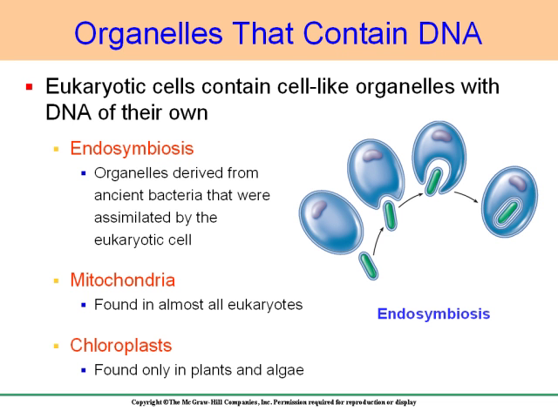Mitochondria are found in almost all eukaryotes, and chloroplasts are found specifically in plants and algae. It's in the mitochondria and the chloroplasts that you find DNA that is different from the DNA found within the nucleus of every single cell.